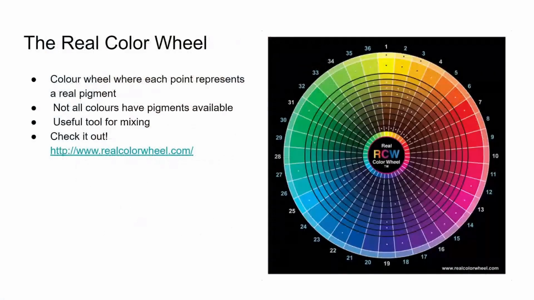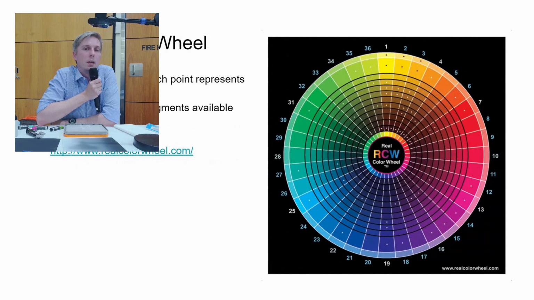Cool. This is kind of a reversion, looping back into the color systems from before. I'm sure some of you have seen a color wheel before. This is a neat, handy tool to look up, called the Real Color Wheel.